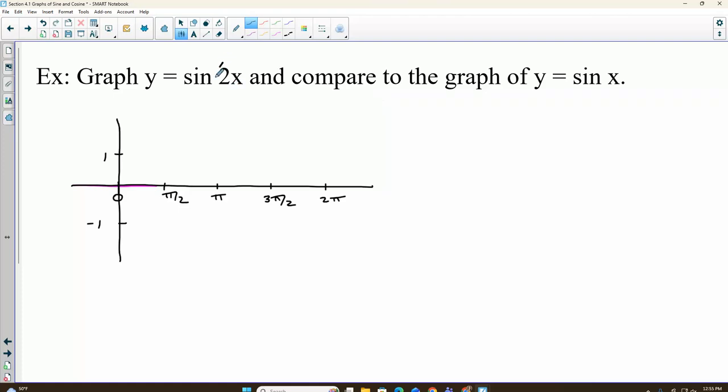All right. If I'm evaluating, if I put in 0, 2 times 0 is 0. What's the sine of 0? 0. If I put in pi over 2, 2 times pi over 2 is pi. What's the sine of pi? 0.